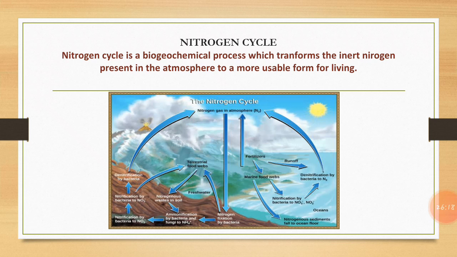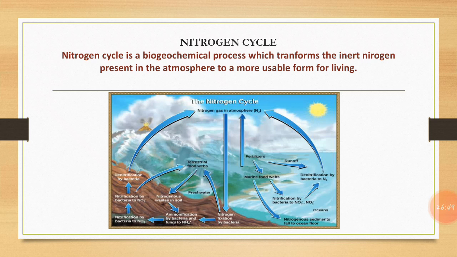Bacteria, rhizobium, and blue-green algae, also known as cyanobacteria, transform the unusable form of nitrogen into other compounds that are more readily usable, so that it can easily be utilized by the plants.